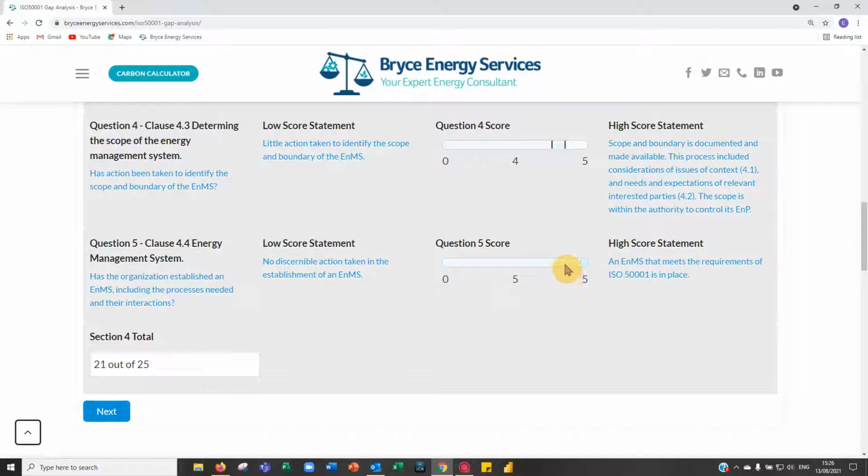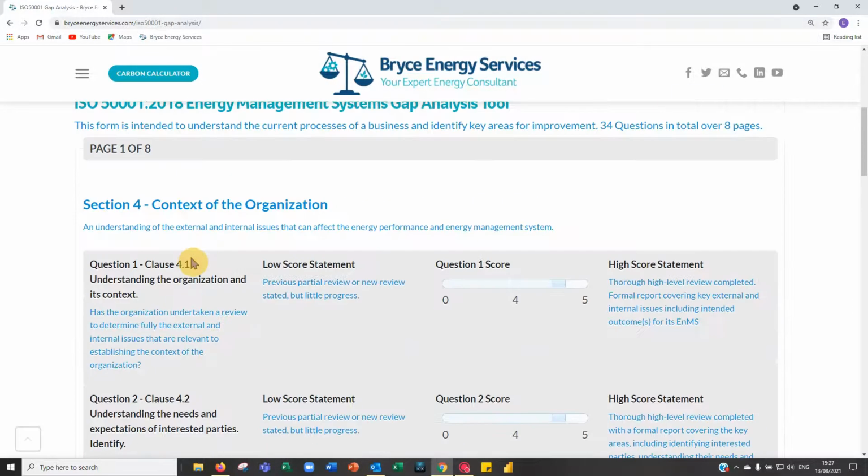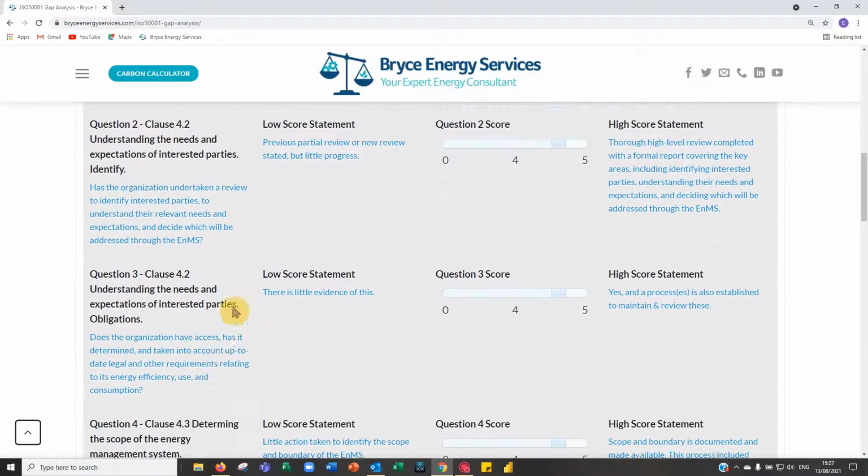So if you have an energy management system and you're not sure it conforms to ISO 50001, well, certainly read the rest of the document. But if you have a good functional energy management system, but you don't call it 50001, you could score fairly highly on this question. So that does it for section 4, context of the organization.